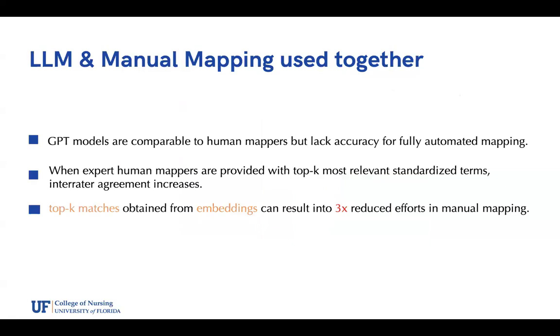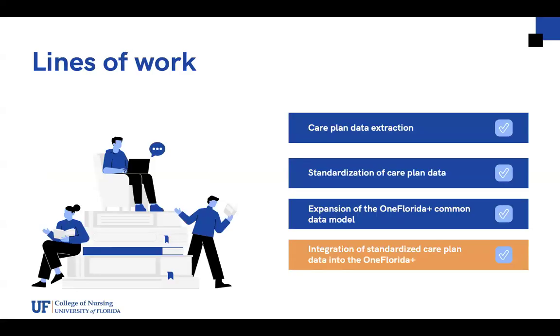GPT models by themselves are comparable to human mappers, but they lack the accuracy for fully automated mapping, which means we cannot trust the models by themselves now to perform a task like this, but we can use them to assist manual mappers, which is what we're doing at this point.